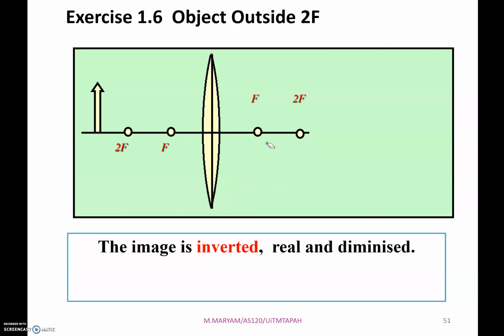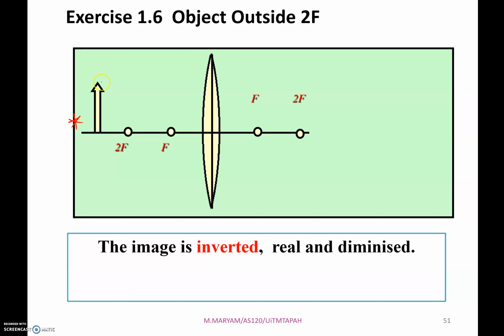Okay, so if the object is outside of 2f, so here's the object. Can you try and do it yourself first? Let's try the first ray. Okay, go on. Draw it yourself first. You're done?